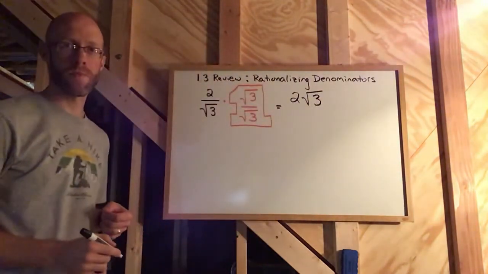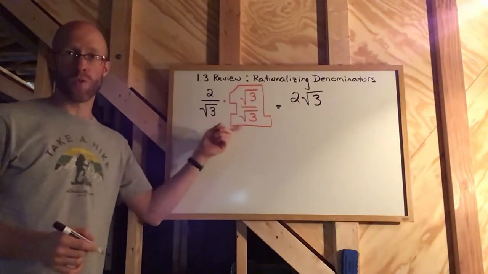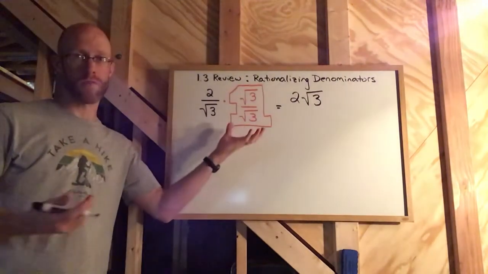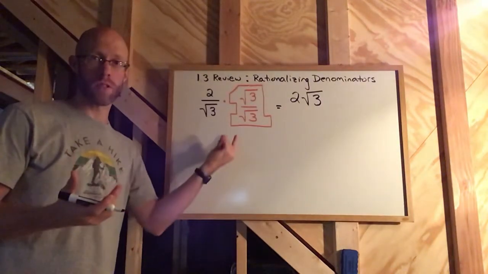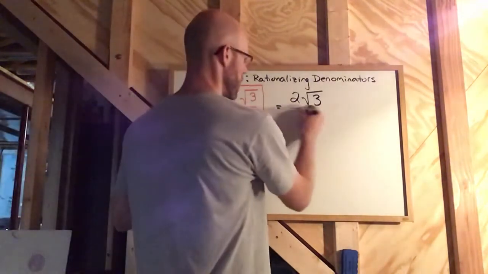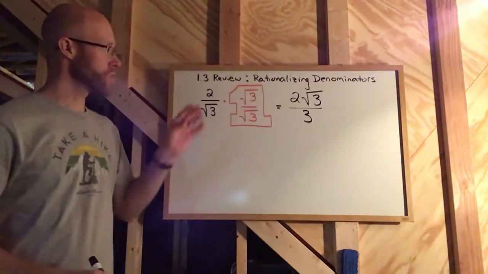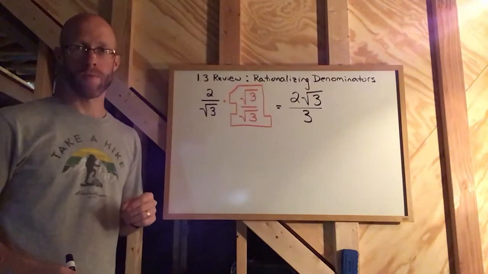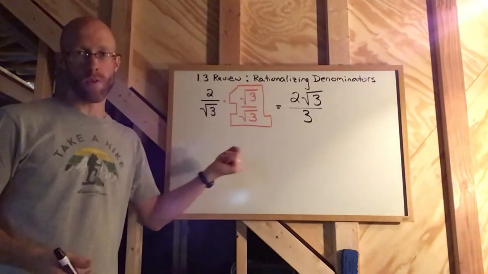That's on top. And root 3 times root 3 is the same as root 3 squared, right? You multiply it by itself, you square it. If you square a square root, they cancel out and you're just left with the 3. So I got 2 root 3 over 3, and that's the simplified form, that's the rationalized form.